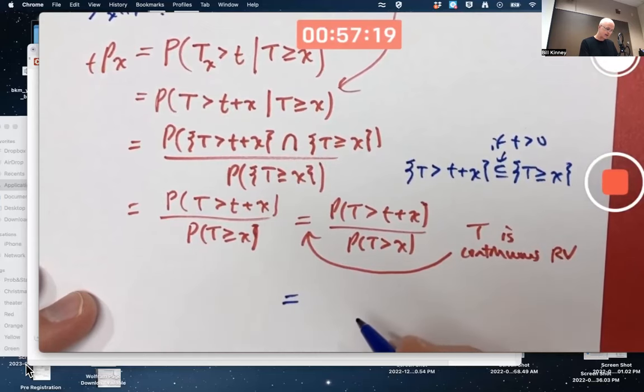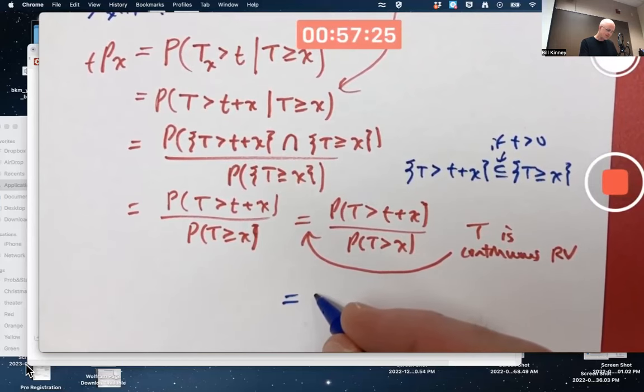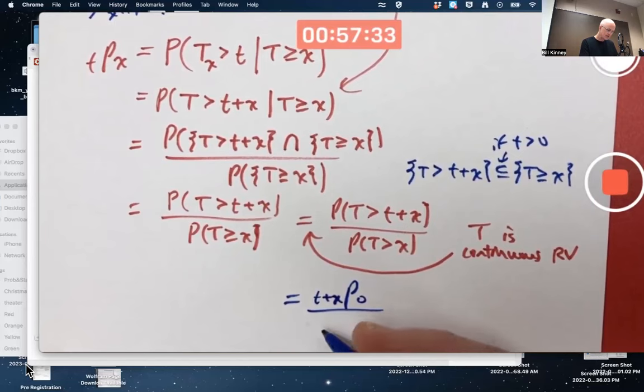That is, if we use the standard notation, it's t plus x pre-subscript p 0 divided by x pre-subscript p 0.